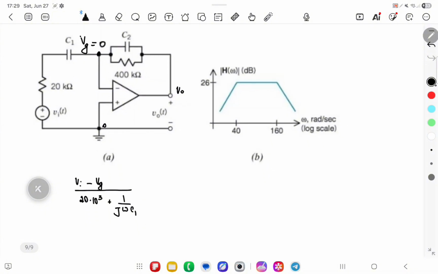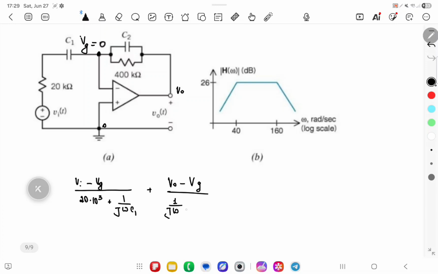Okay, so V output at the output of the operational amplifier is also connected to the V ground. So we can express it as plus V output minus V ground. And here, please be careful. So it is a capacitance in parallel with resistance. So I'll write it in a rather bulky way for convenience and clarity.